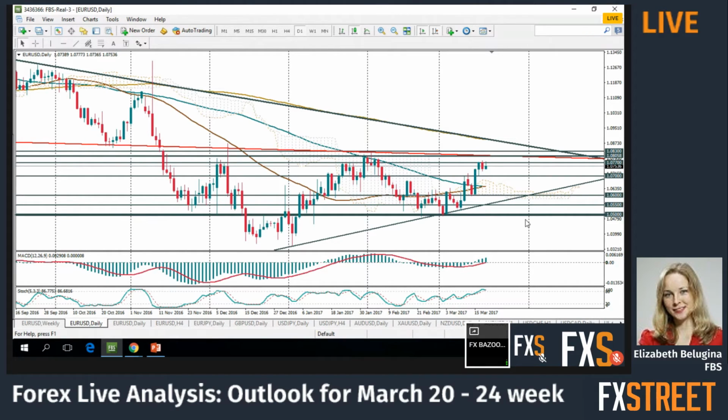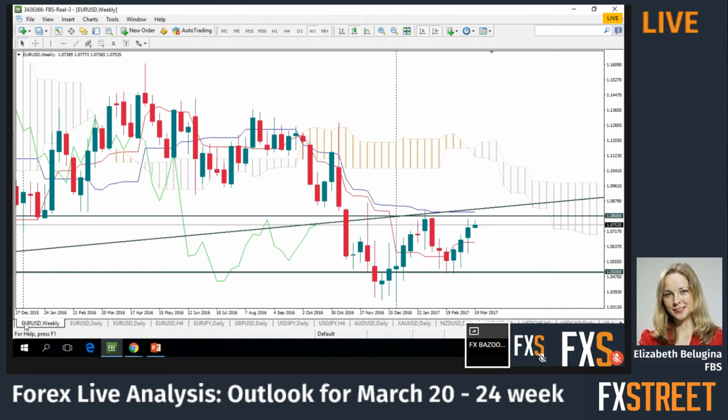The pair is overbought, and this combination presents a reason to expect some consolidation and maybe some correction of the currency pair. This line should represent a significant obstacle for the bulls. If the pair managed to close, to show a daily close above 108.50, then it will be surely a strong message that the pair is ready to test some higher levels.